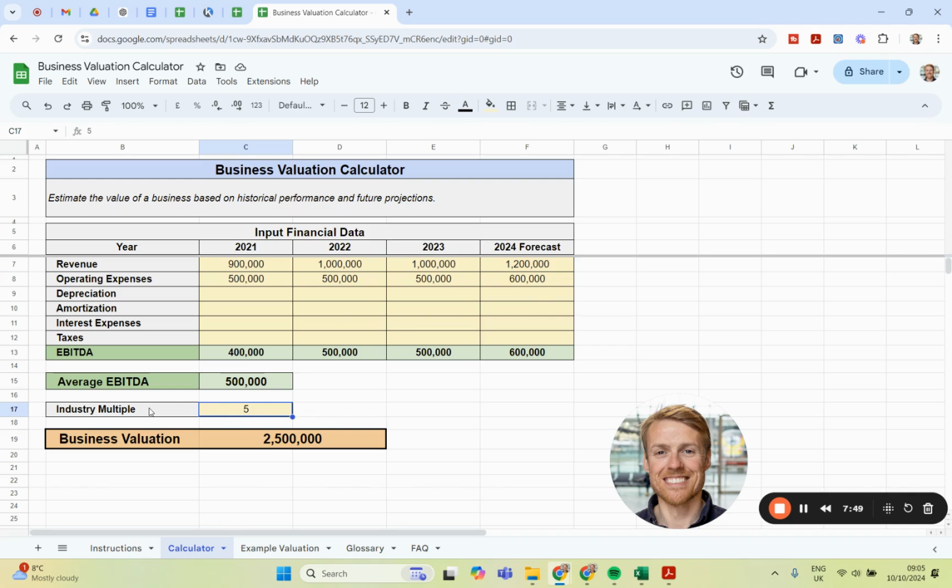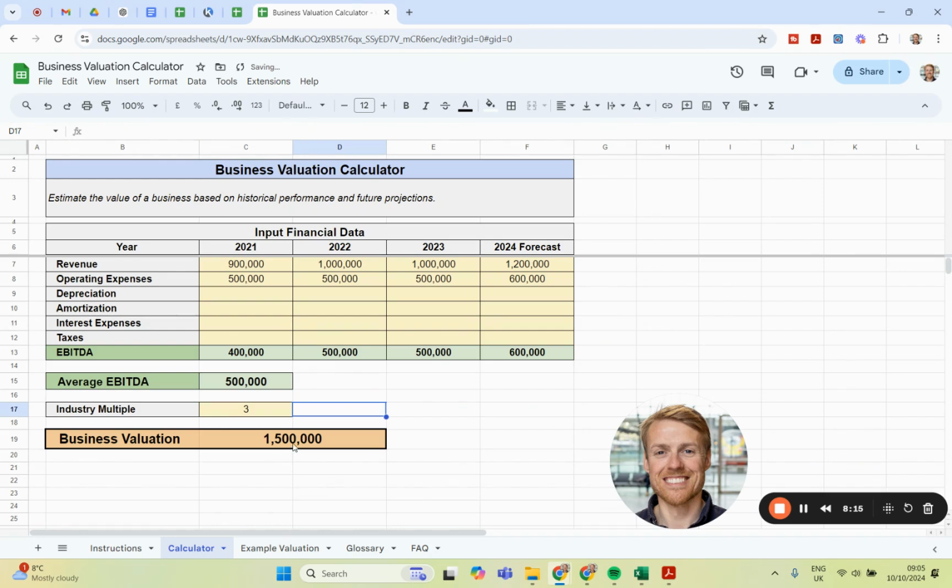To give you an example, a marketing company that's doing 5 million in revenue and has an EBITDA of say 1 million will probably sell for a multiple of 5 to 6 times. But if you're looking at a marketing company that does 500,000 in revenue and makes 75,000 in EBITDA, then you're probably looking at somewhere closer to 2 or maybe 3.